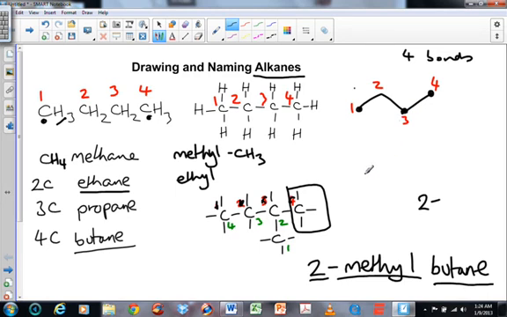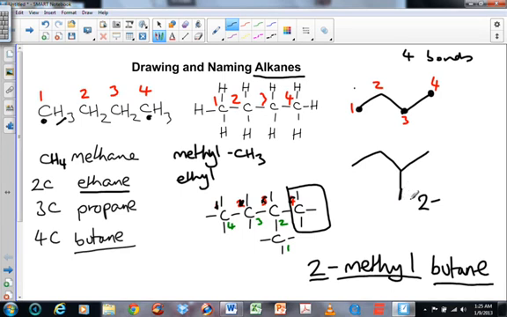So what about if we were to try and draw out this 2-methylbutane in exactly the same way? Alright? Well, butane, of course, is 4 carbons. That's our parent chain. But on carbon number 2, we have a methyl group coming off it, and a methyl group is 1 carbon. Alright? If we call this carbon number 2, we have 1 carbon group coming off that, which means we have to have the end of a line coming off here.